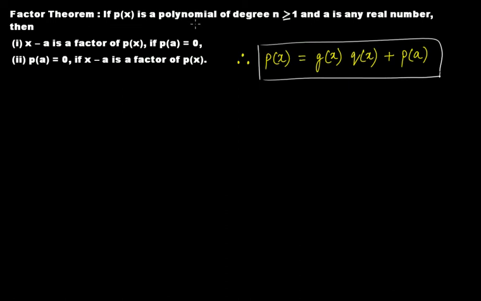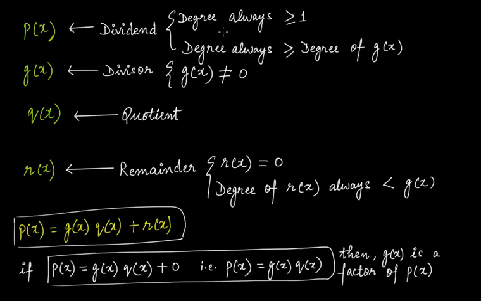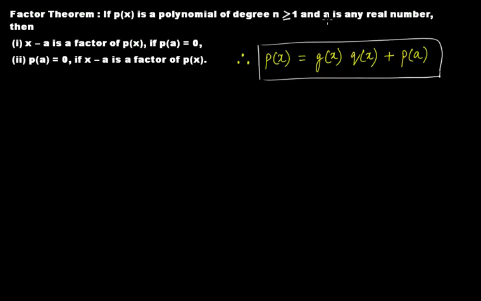If px is a polynomial of degree n greater than or equal to 1, and a is any real number, then x minus a is a factor of px if pa is equal to 0.